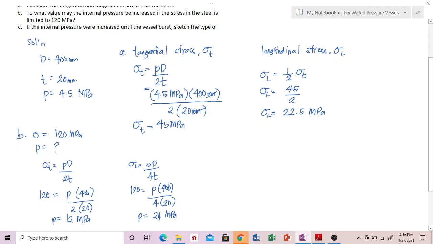Hindi siya mag-exceed 120 megapascal. Now, kapag ginamit naman natin na load, pinili nating final answer is 24 megapascal, oo nga, hindi siya magbe-burst considering longitudinal stress. Kaso, kapag 24 megapascal yung ginamit mo dito, obviously, mag-i-exceed sa 120 yung kanyang stress. Yung stress ng steel mag-i-exceed ng 120 megapascal.